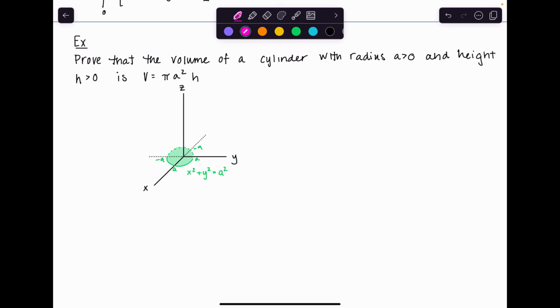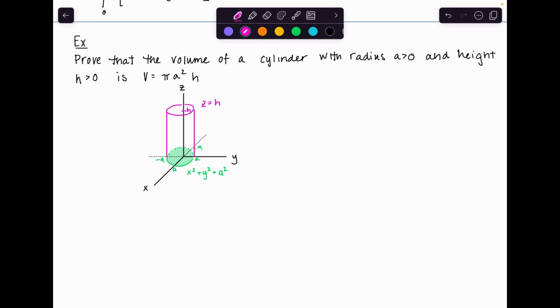And then our cylinder has height h, so let's say h is up here. And so we draw our sides of the cylinder up, and then the top of the cylinder here. Okay. So really the cutoff is the plane z equals h, that caps the top.